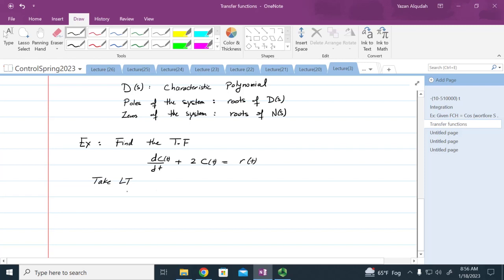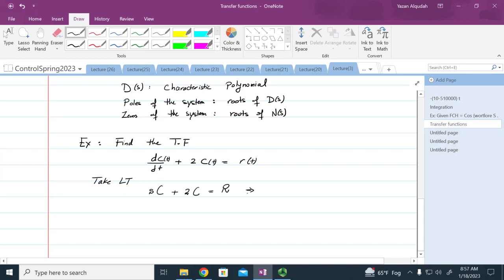What is the Laplace of the first derivative? s multiplied by C. And this is a small letter c; this is going to be capital letter because it's in the Laplace. And that's the convention. I forgot probably to mention this. In the time domain, we use the function in small letter. In the Laplace domain, we use capital letter. Okay, so s multiplied by C plus 2 multiplied by C equal to R.